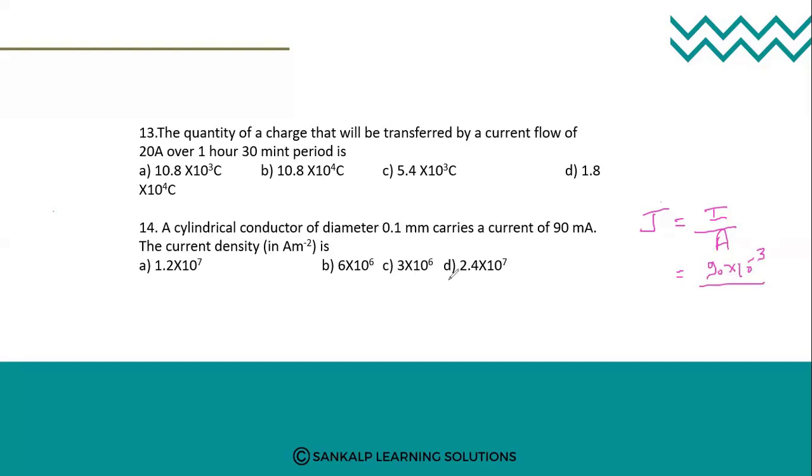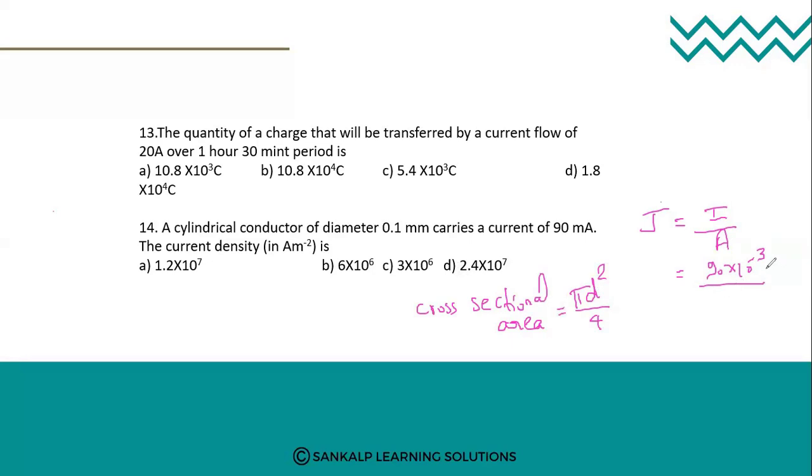So for a cylindrical conductor, the cross-sectional area of that conductor is given by pi d square upon 4.